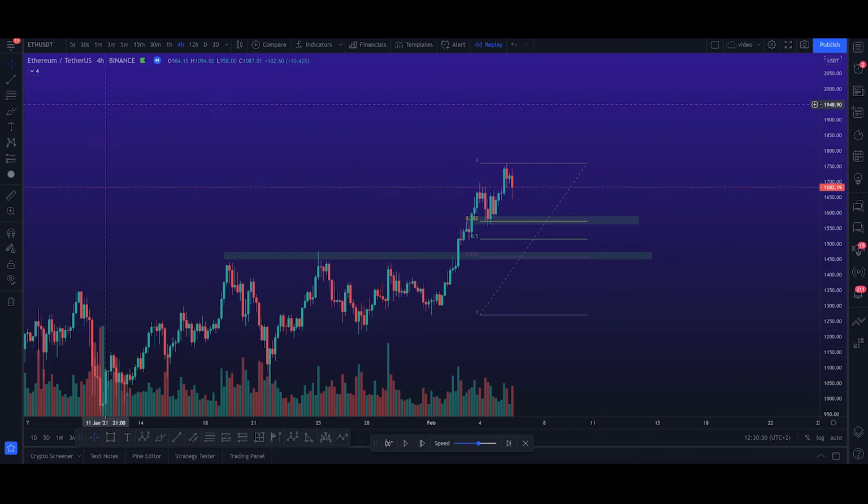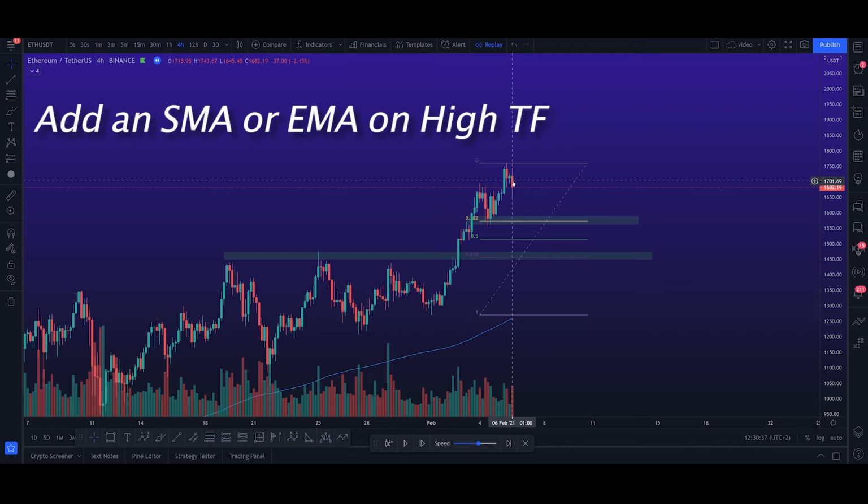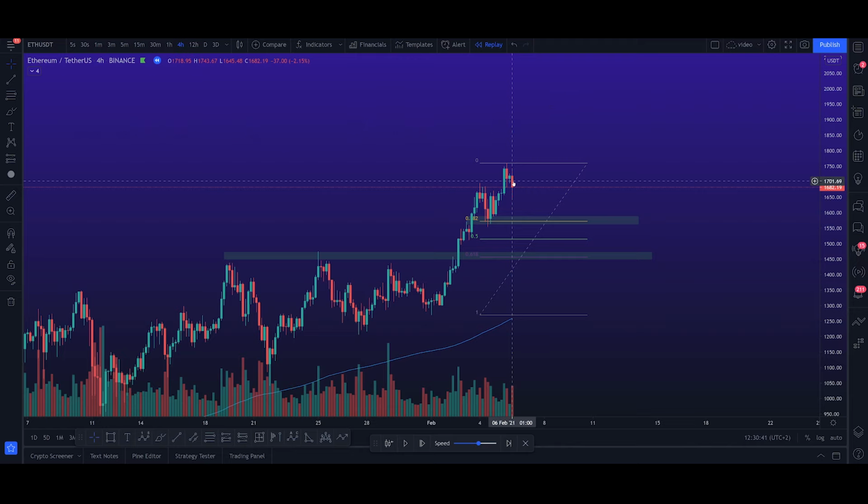The second option we need to have is an SMA or an MA that shows us the relationship between the price and the moving average. So if simple, we already talked about this in previous videos, if the price is above the 200 MA, and we are now on the 4-hourly chart, and we have the 200 MA on the 4-hourly chart, so it takes a lot of data into account.